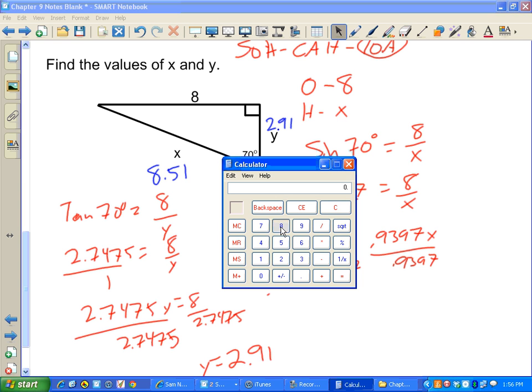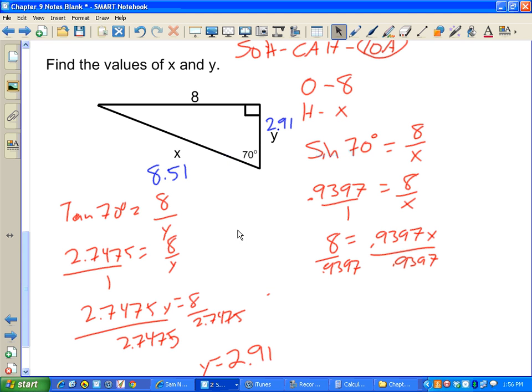There, okay. So we'll do 8 times 8 plus 2.91 times 2.91. Let's see. Calculator's not doing what I want. 8 squared is 64. 2.91 times 2.91. Add that to 64, and then square root it. 8.51, which is what my hypotenuse should be.